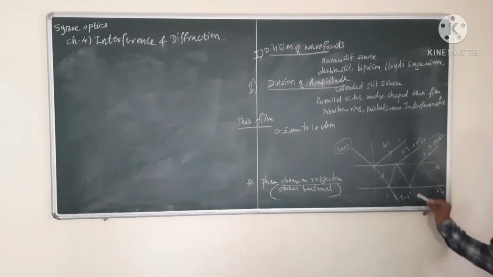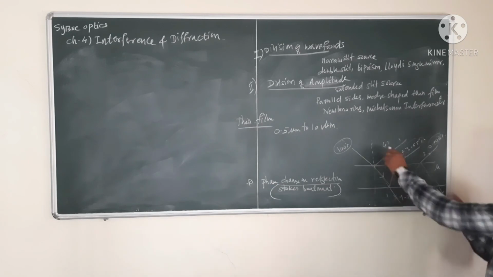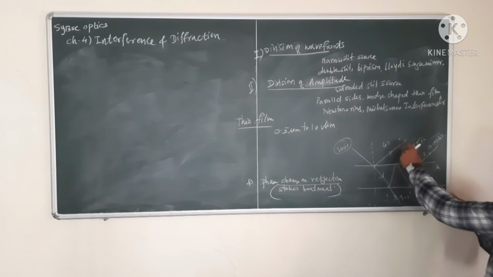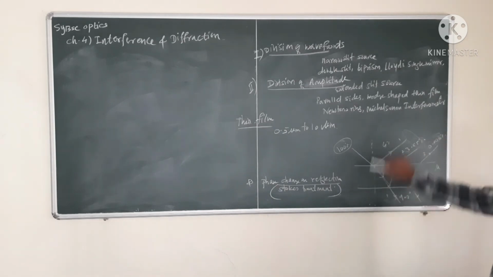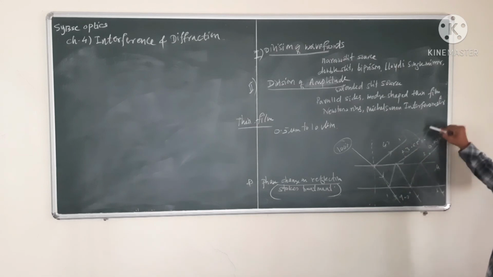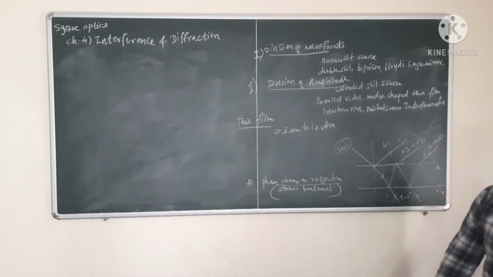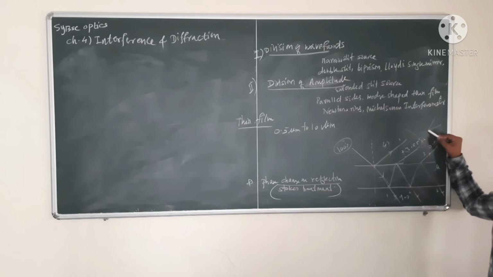Now if you want an interference pattern, we show only 2 light rays. Why? Because the intensity of this one is 4% and this one is 3.65%. If you allow them to converge by putting a lens over here, at this point we will get an interference pattern.